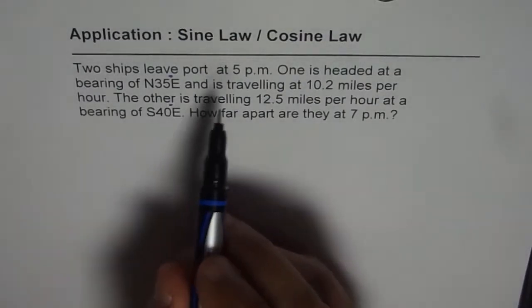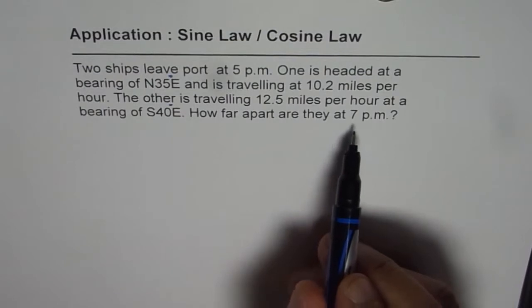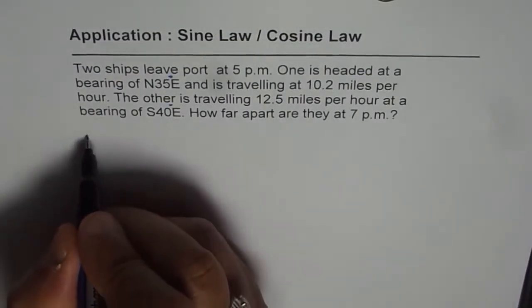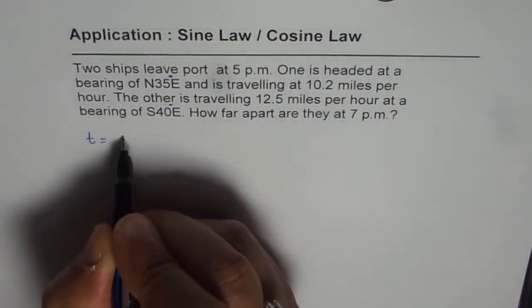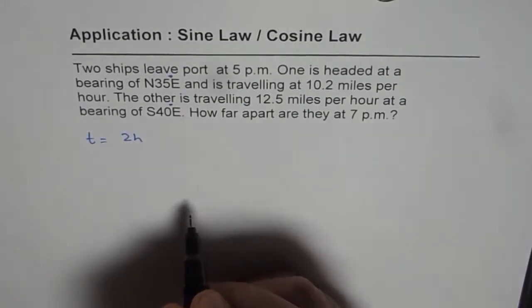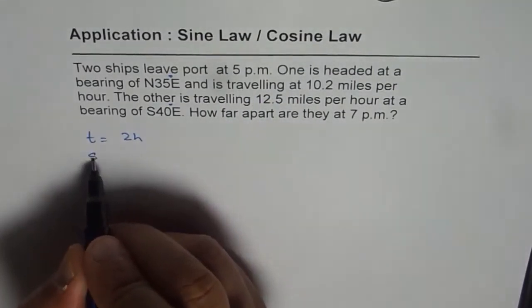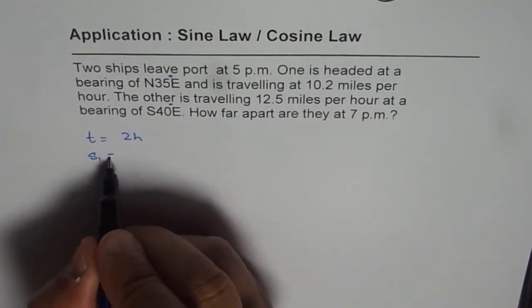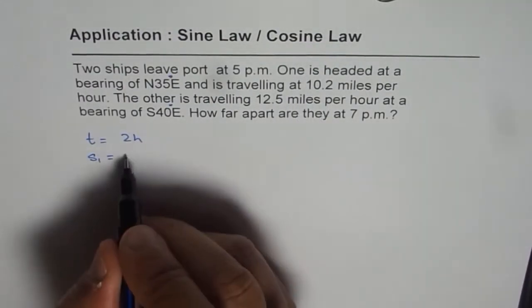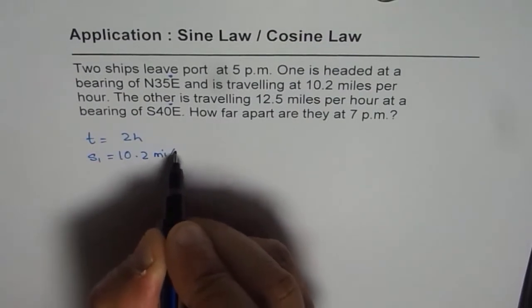The ships leave at 5 and we want to find the distance between them at 7 p.m. That means we're talking about a time of 7 minus 5, which is 2 hours. Since the speed of these ships is given to us, let us say ship 1 speed is given as 10.2 miles per hour.